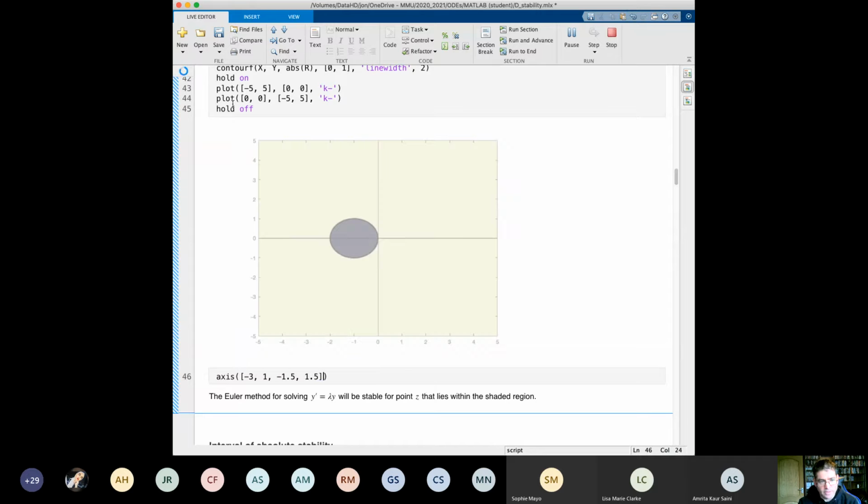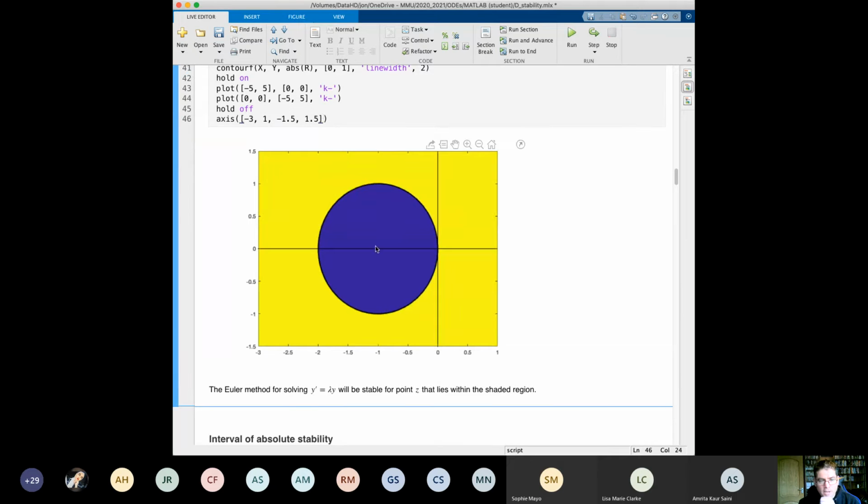Okay, so what we have here is this region, which is a circular region. Everything inside this circular region means the Euler method is stable for our test equation. Remember, z is equal to h times lambda, so any z within this region is stable.